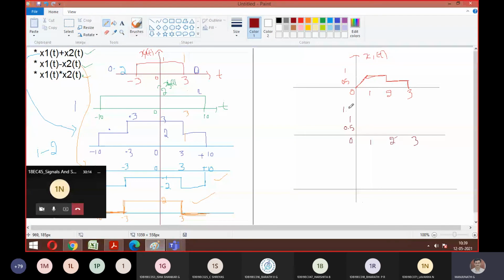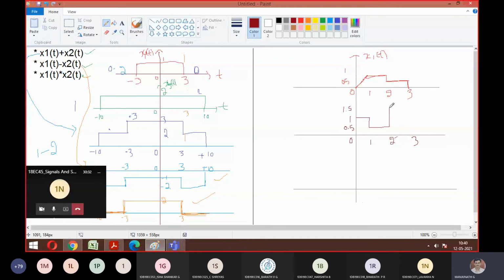From 0 to 1 it is constant with amplitude 1. At 1 it is dipping to 0.5. Then from 1 to 2 it is remaining at 0.5. At 2 it is rising to 1.5. Then from 2 to 3 it is staying at 1.5. At 3 it is coming down towards 0. So this is your second signal, x2 of t.